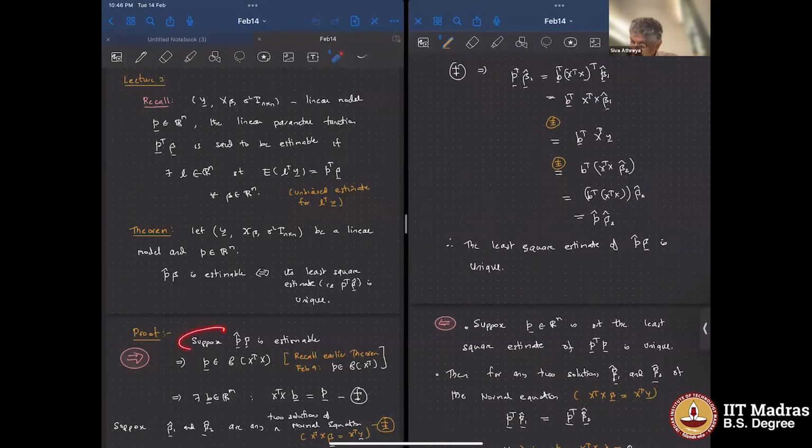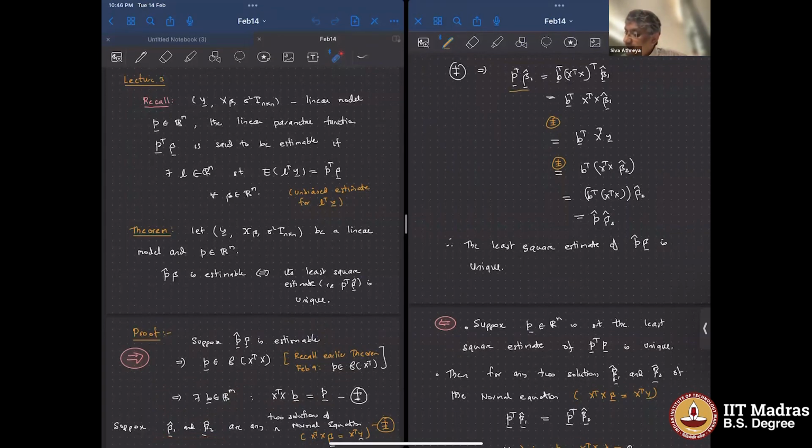First you take estimable. That means P is in the column space of X transpose X, because last time we had shown that for estimable, P has to be in the column space of X transpose X. It was also there in the homework. That means there's a B in R^m such that P is X transpose X times B. Now, if you take two solutions, all you have to do is work it out slowly.